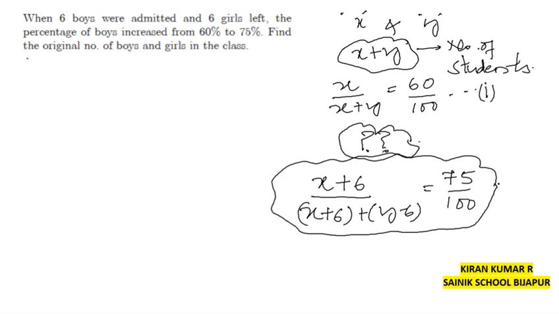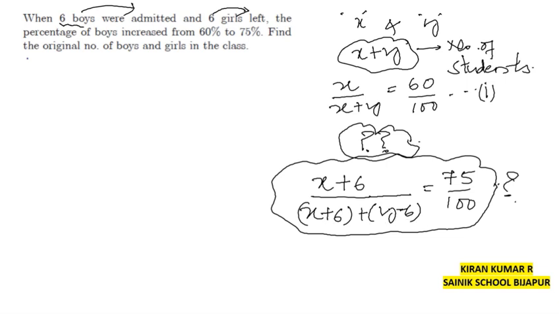Is it right? What is X plus 6? X plus 6 means when 6 boys were admitted, there is an additional number. When 6 boys were admitted, 6 girls left. So I have taken Y minus 6. So the total will be X plus 6 plus Y minus 6. That will be the total.